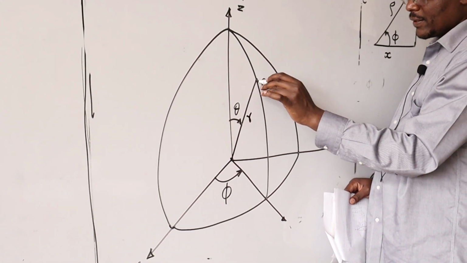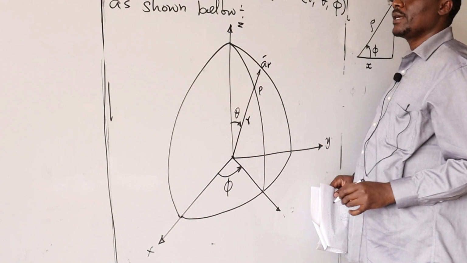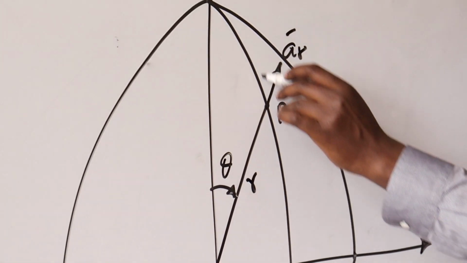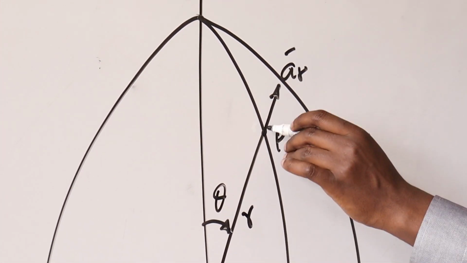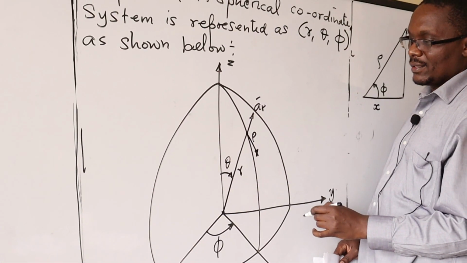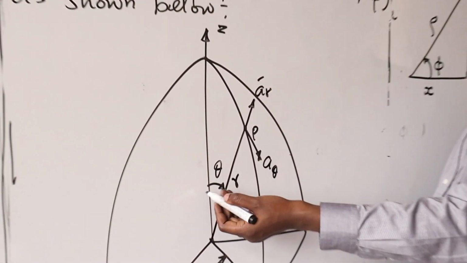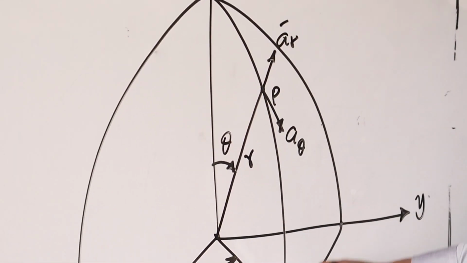Now that unit vector in this particular direction is known as a_r. The unit vector that is tangential to this is known as a_theta, because theta is the direction creating this curve.